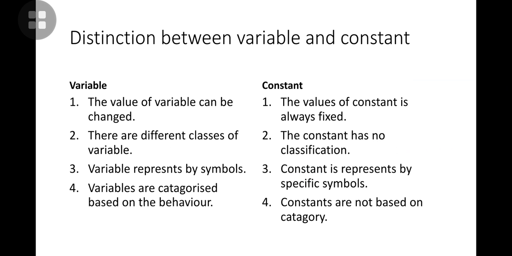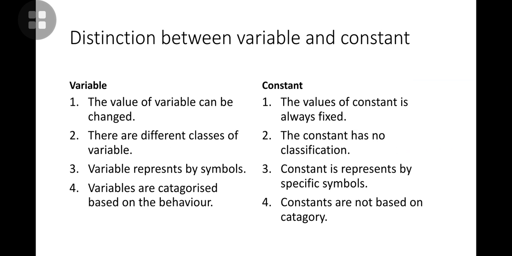Now I discuss the difference between variable and constant. Variable: the value of a variable can be changed. Constant: the value of a constant is always fixed.